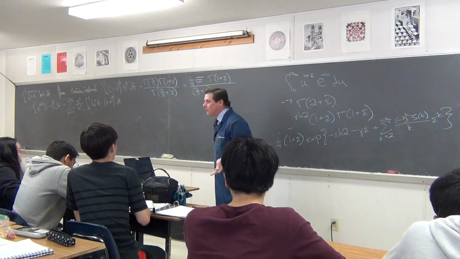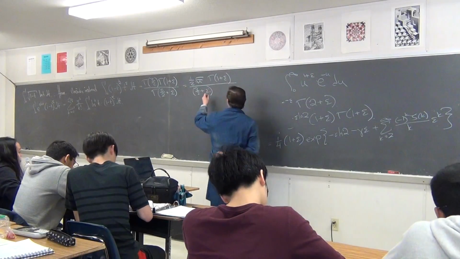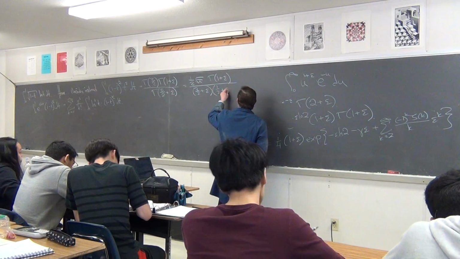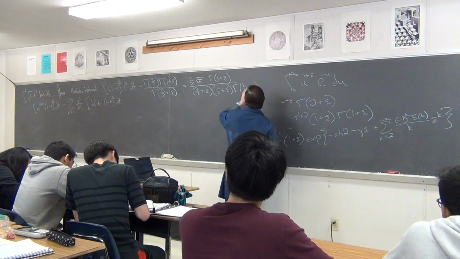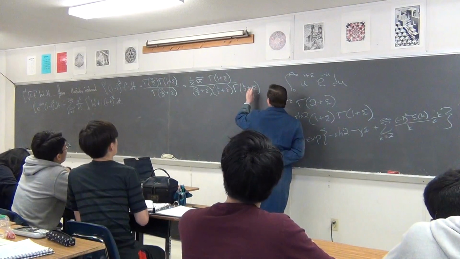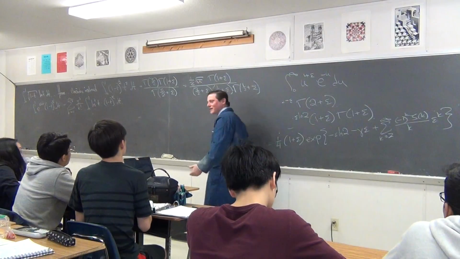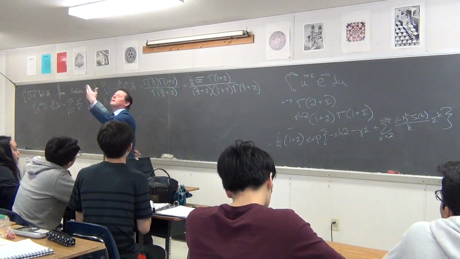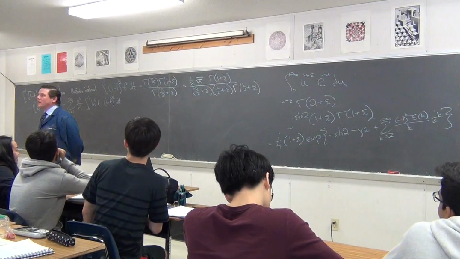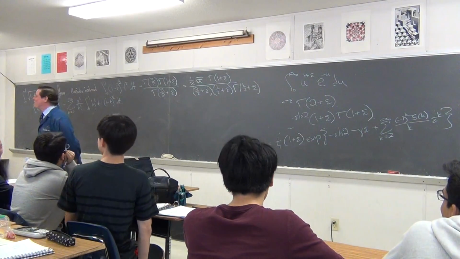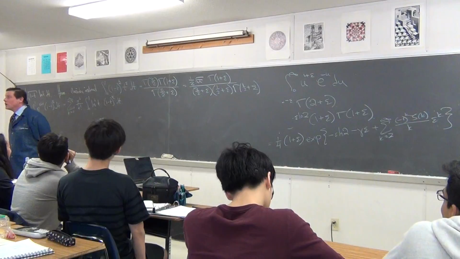Then 1/2 plus epsilon, gamma 1/2. What's the issue? Oh, shoot. It doesn't cancel. I must not have bumped it enough times. What do you guys think? Will it ever cancel? No.